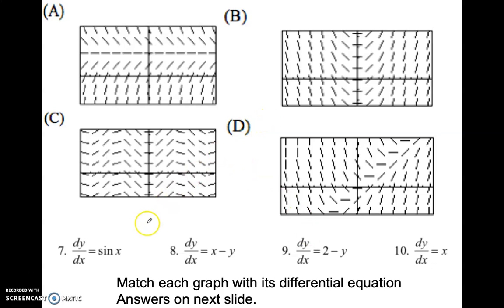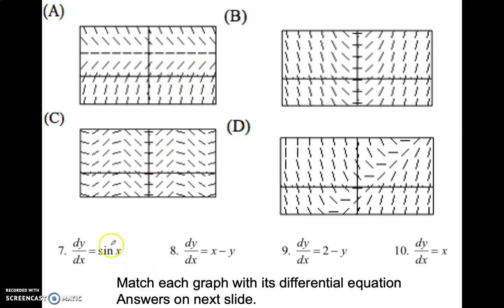So if I'm looking at letter A, I look at every horizontal line, and it's very easy to tell that every horizontal line is the exact same slope. They're different slopes altogether, but as you go across left to right, you get the same slope for each row. So as I go left to right, as my x's change, x is 1, x is 2, x is 3, x is 4, x is 5, these stay the same. That tells me that x probably is not part of my equation.